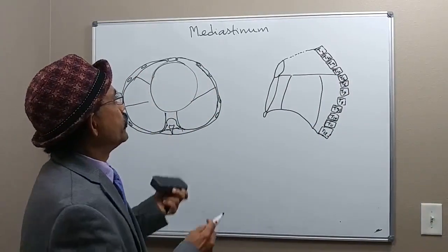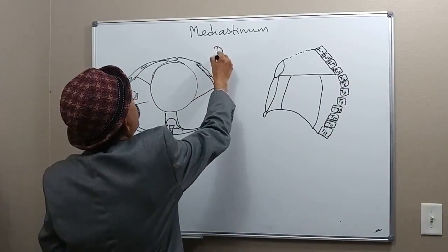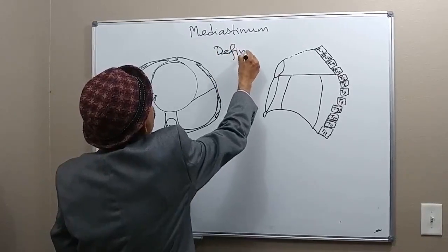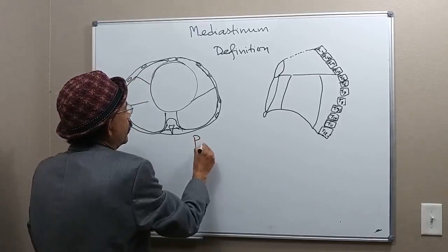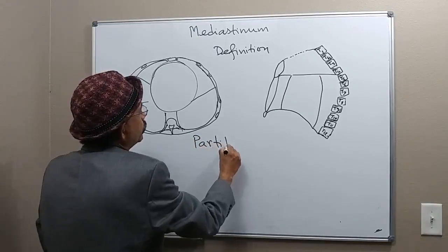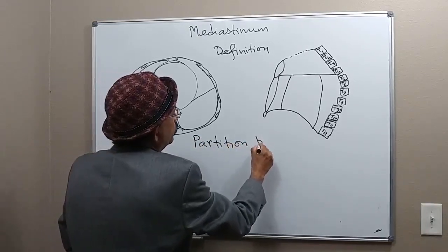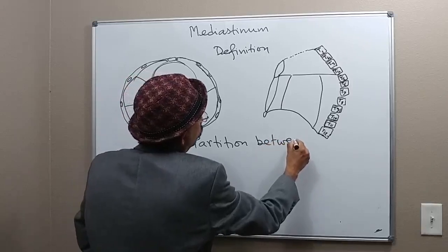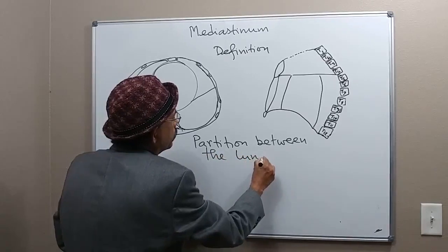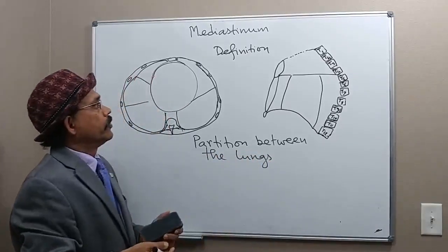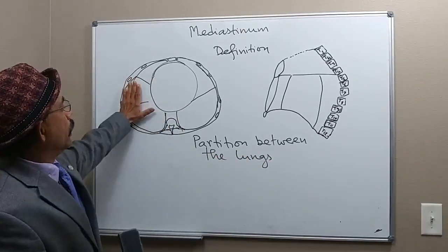By definition, what is the mediastinum? It is the partition between the lungs. So we have the lungs here.